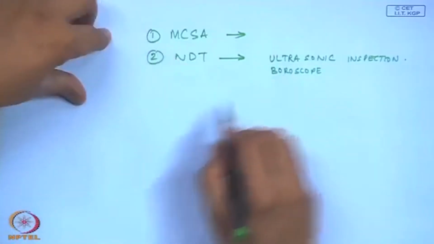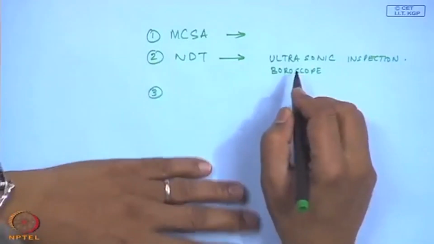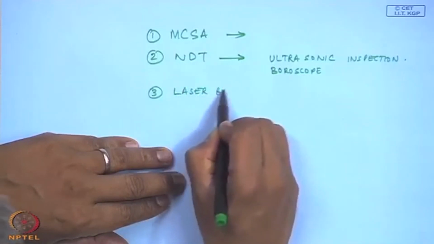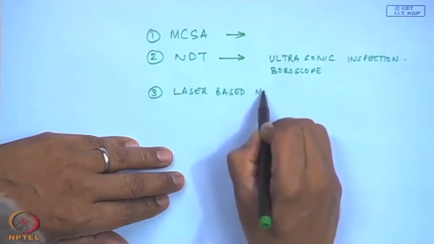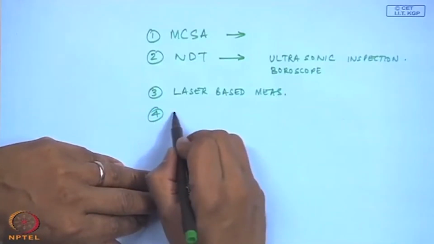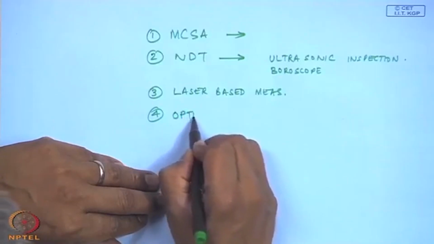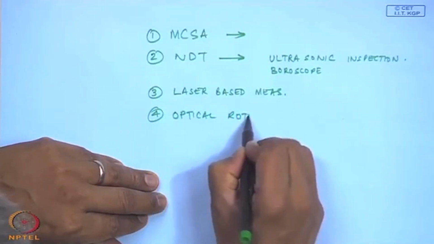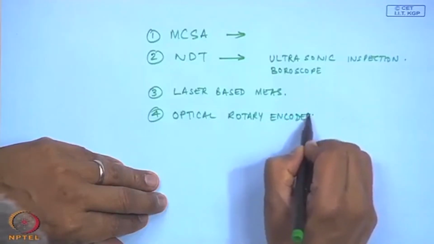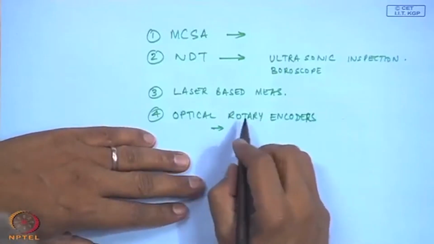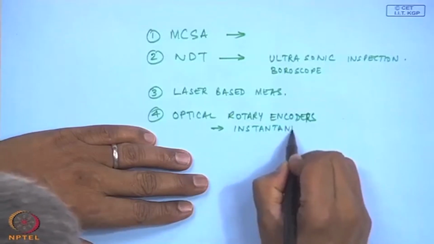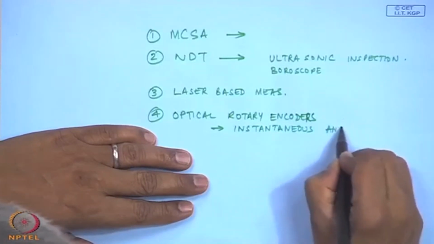And of course, another technique people use nowadays is laser based measurements, and optical rotary encoders for detecting what is known as the instantaneous angular speed.